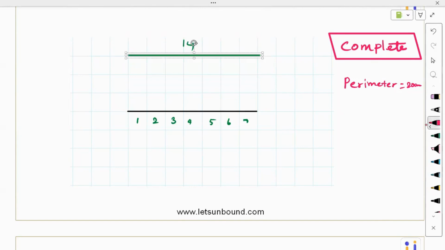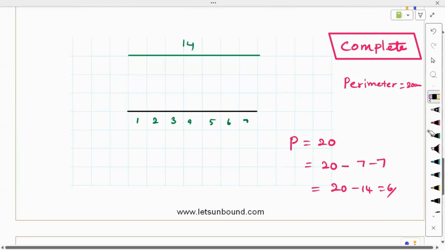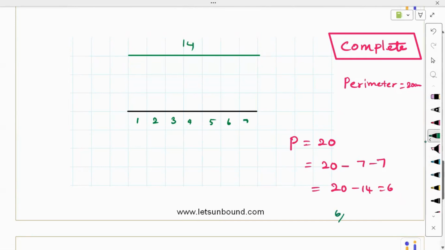But where the opposite side should be placed matters. So for that, we can guess in this way. Perimeter is 20. I know already the length is 7. From the 20, remove the 7 twice. So 20 minus 14 is 6. That 6 should be divided into half, because 2 parts we will divide, that will make the width. 6 by 2, which is 3.